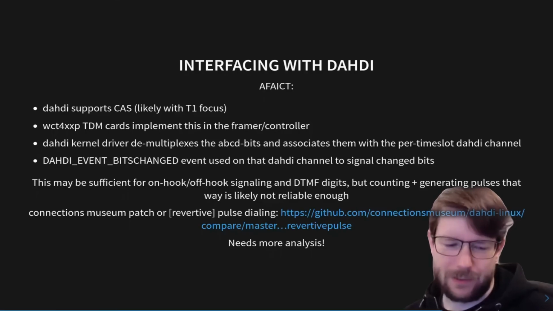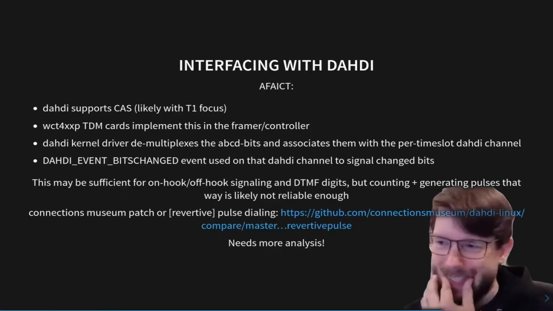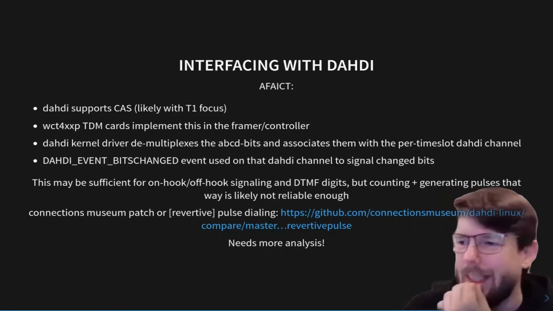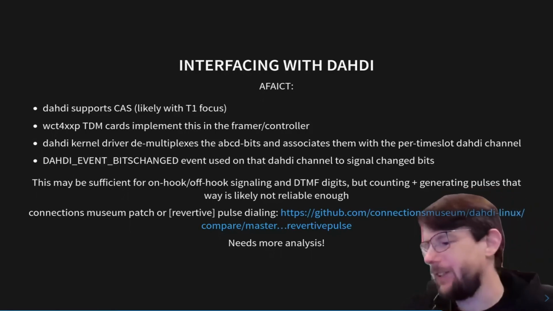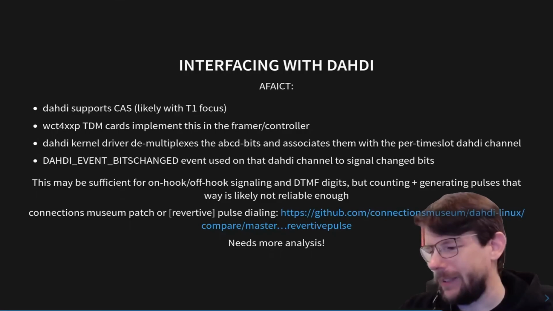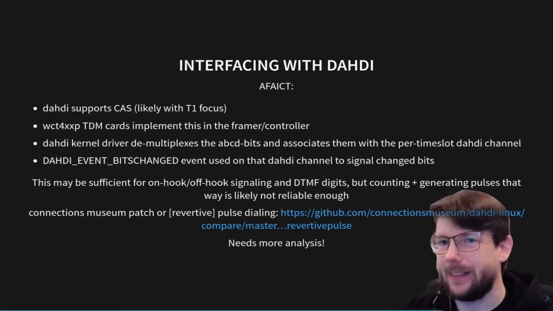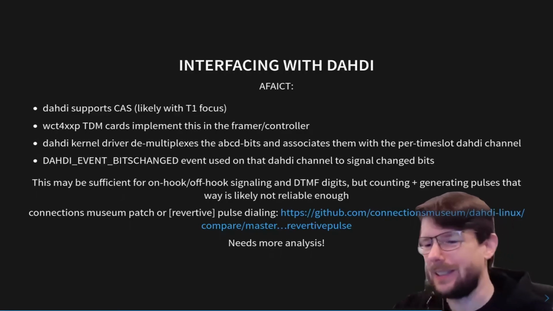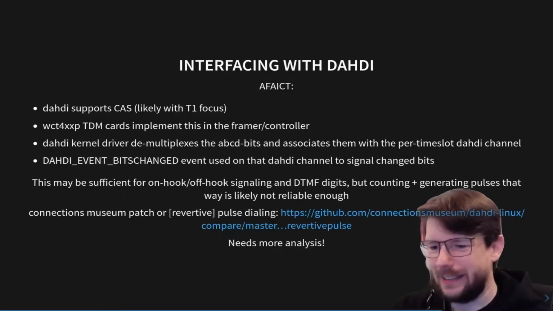The problem, of course, is that from the DAHDI or driver side, you cannot really know how often or how reliably, time-wise, the soft switch will poll those bits and retrieve the event using the I/O control.